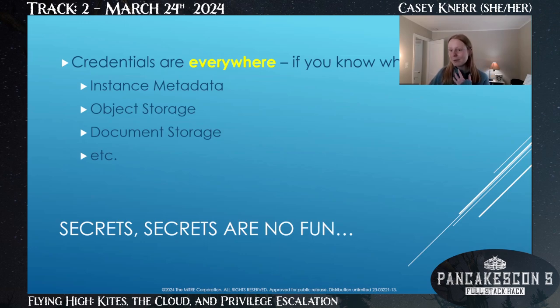So a connection between infrastructure as a service and software as a service, or infrastructure as a service and on-prem, or maybe you have multiple infrastructure as a service providers, right? So you can look at all sorts of different spaces and not just stick in one. You can look at instance metadata, object storage, document storage, hosts and virtual machines, code repositories. There's all sorts of places.